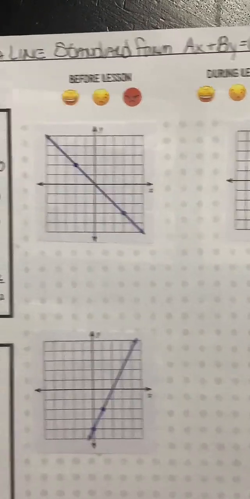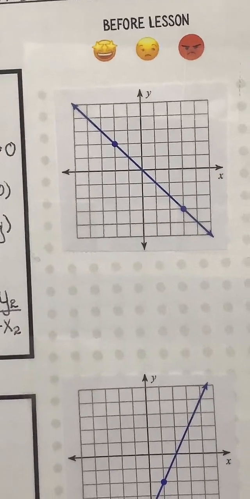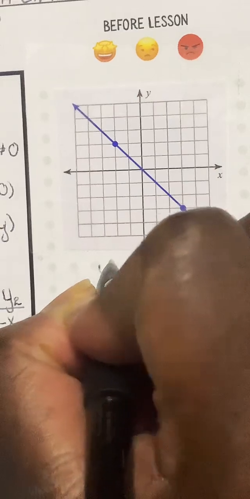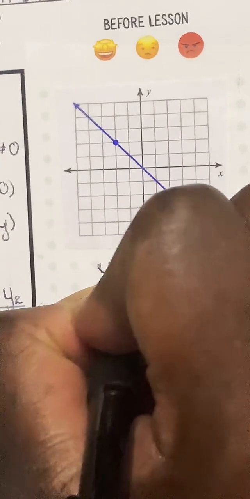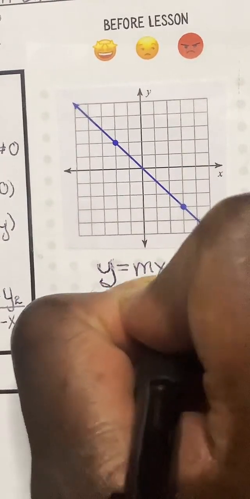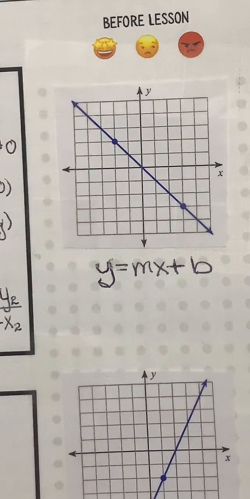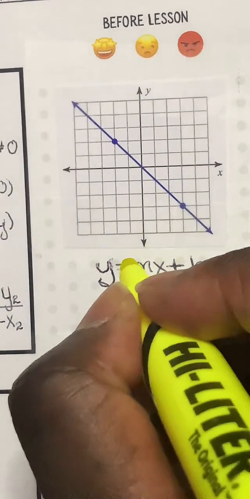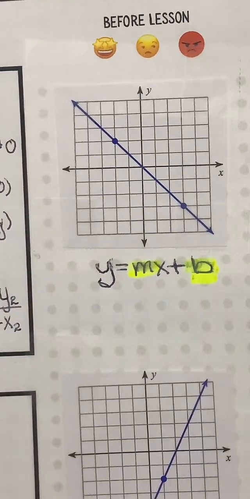Anytime anyone says find the equation of the line, we should be thinking of that famous little verse: y equals mx plus b. That means we need two things. One is your slope. The other is your y-intercept.